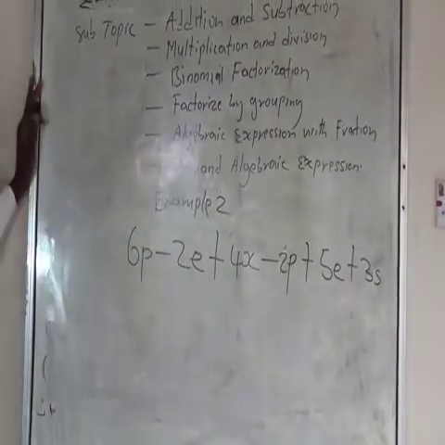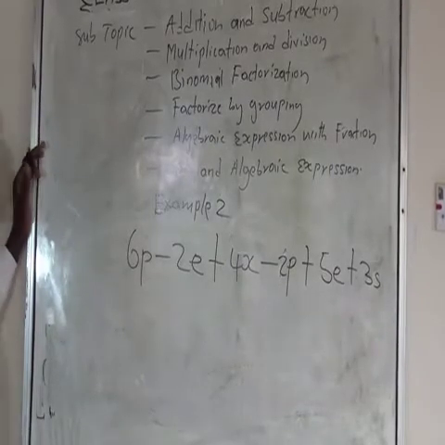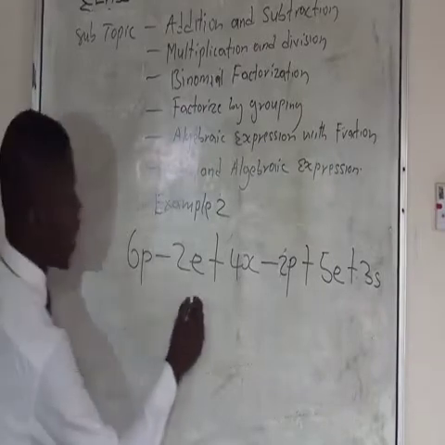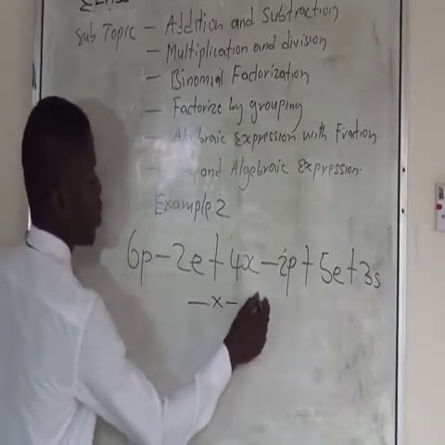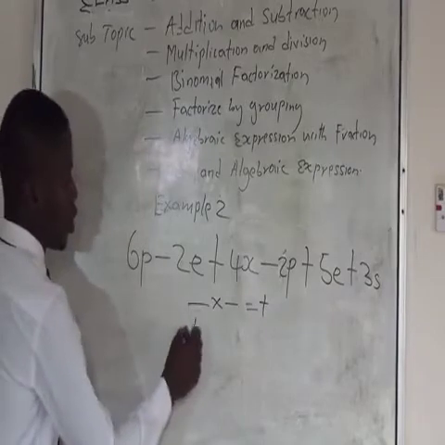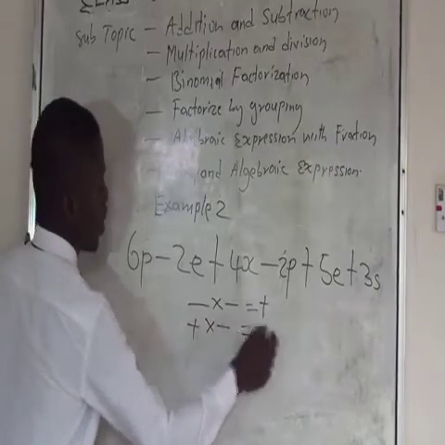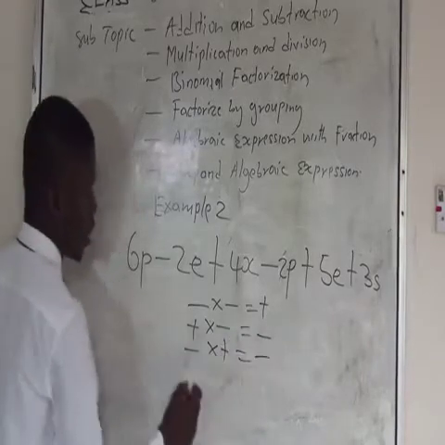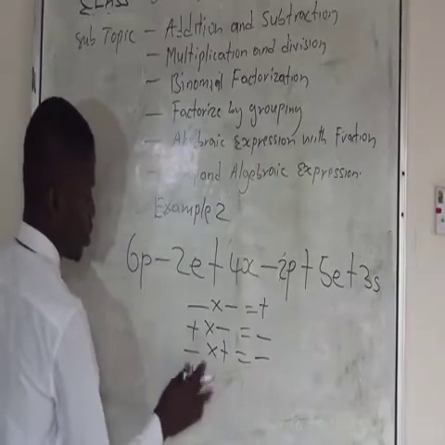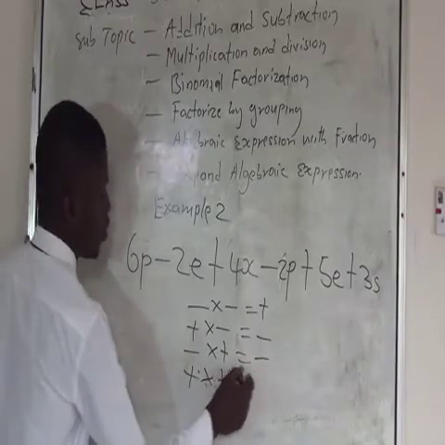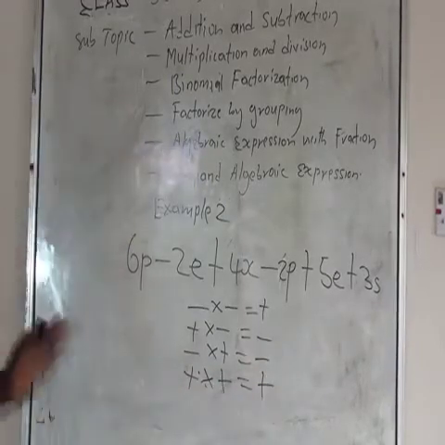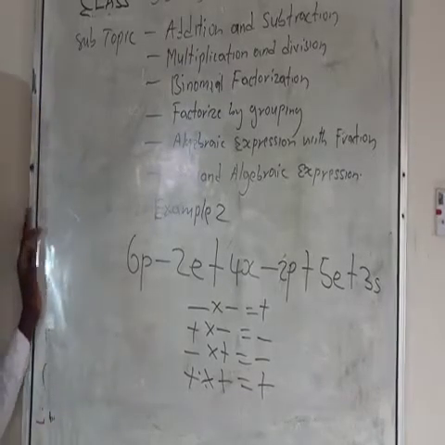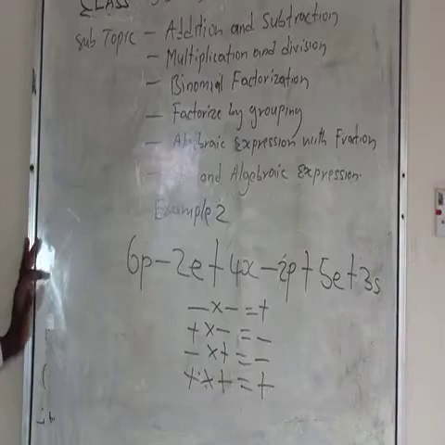Please note, during our JS1, JS2 work, we used to hear what we call minus times minus equals plus, plus times minus equals minus, minus times plus equals minus, and plus times plus equals plus. This will help us to solve this arithmetic as simple as A, B, C. So let's stop now.